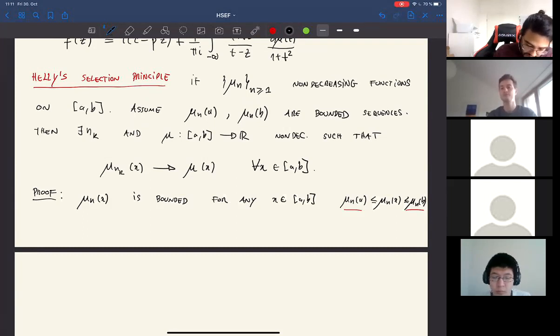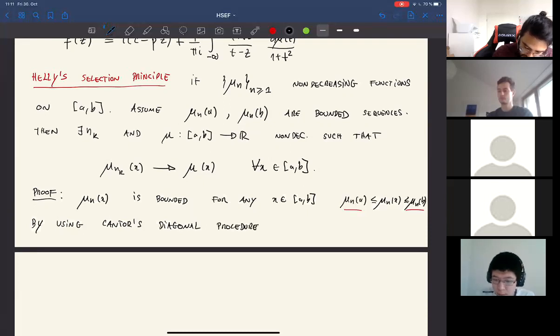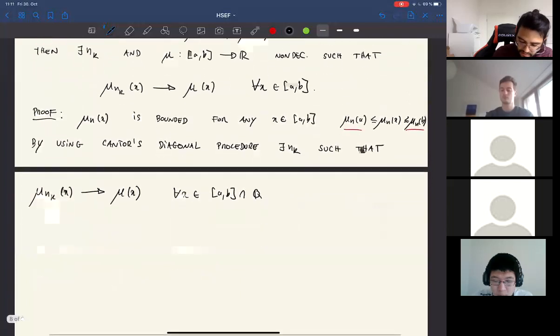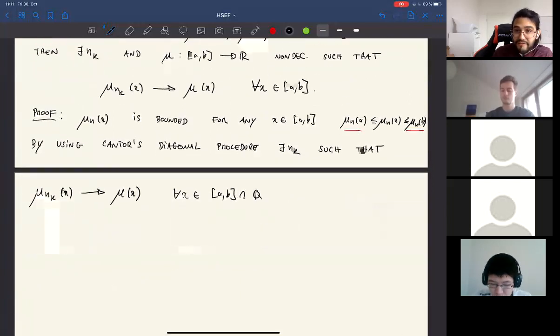So by Cantor's diagonal procedure, there exists a subsequence n_k such that mu_{n_k}(x) converges to some function mu(x) for every x rational in the interval, and mu(x) in principle is only defined on the rationals.